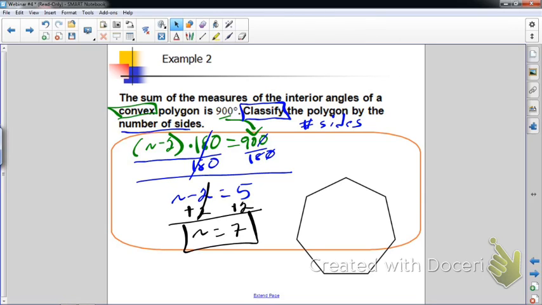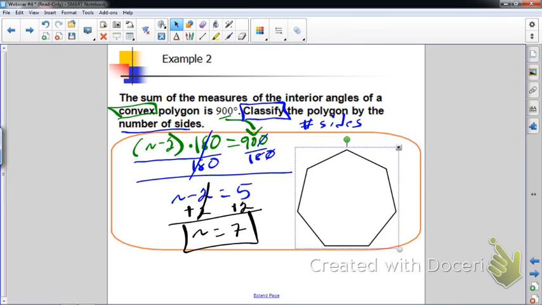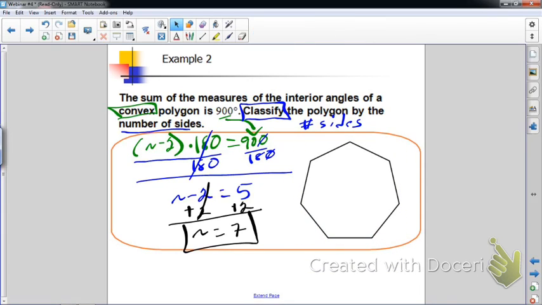A 7-sided polygon. There you go. I'm trying to move this polygon. There it is. 1, 2, 3, 4, 5, 6, 7.